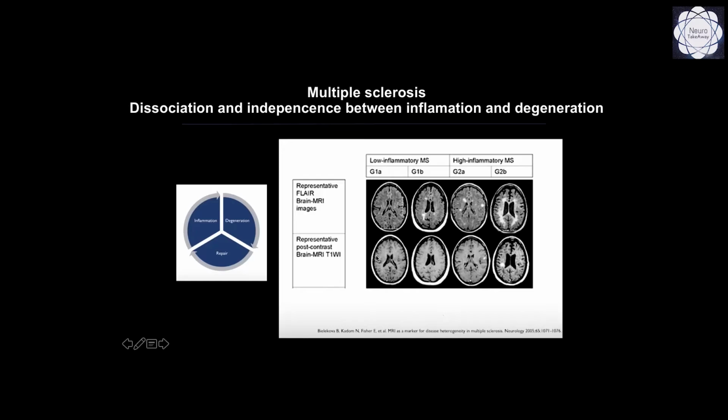For example, you have here low inflammation on FLAIR, but one has normal brain on T1, the other a little bit of atrophy. Here, high inflammation without atrophy and high inflammation with atrophy. So you can have all the combinations, and these two characteristics are not always dependent one on another.